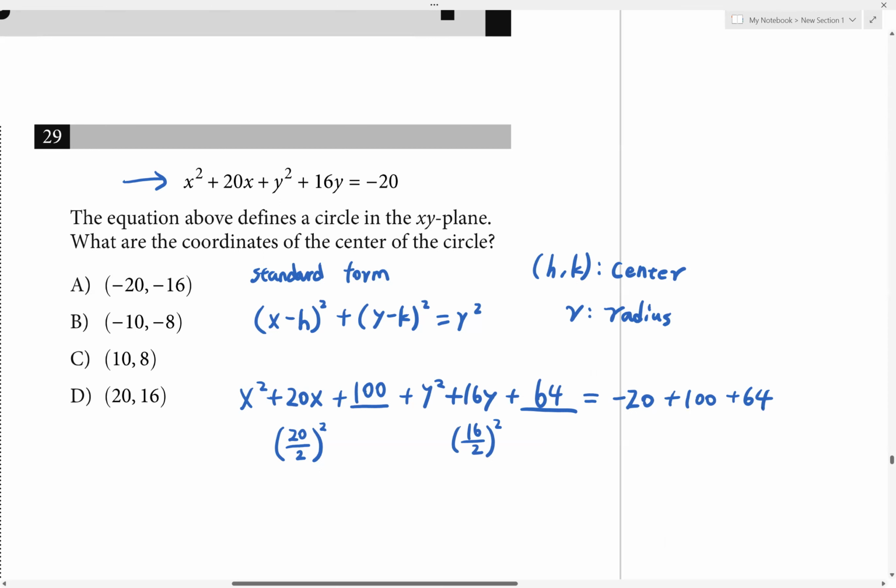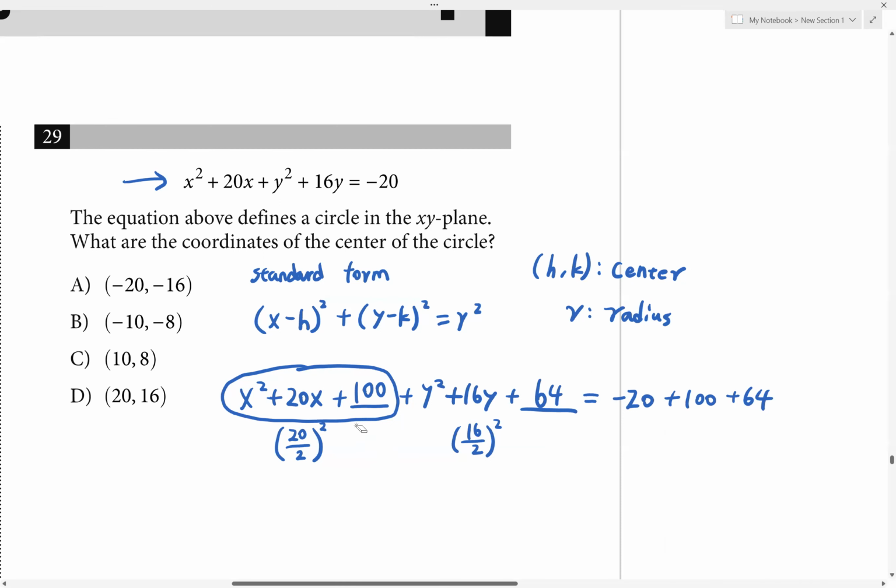After we add them, x^2 + 20x + 100 will always be a perfect square trinomial. That means when we factor it, the two factors will be exactly the same.